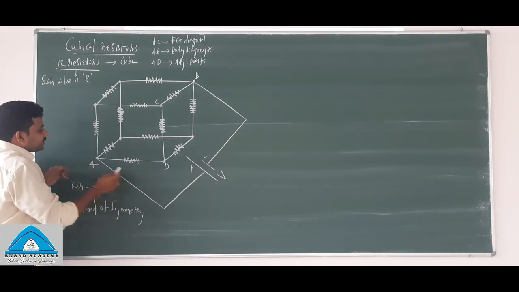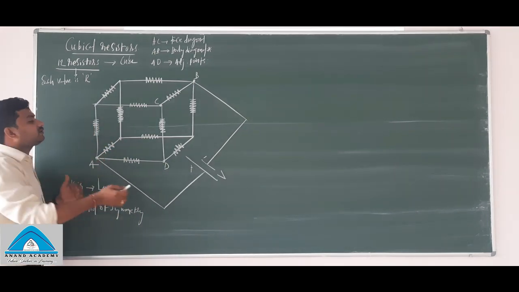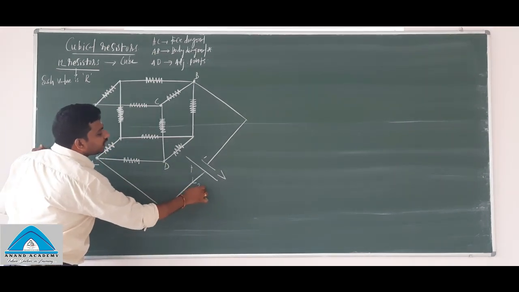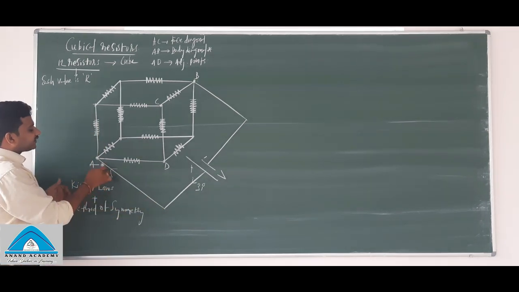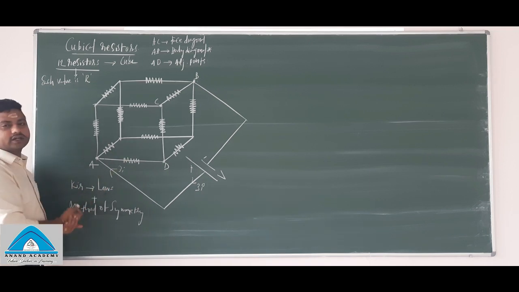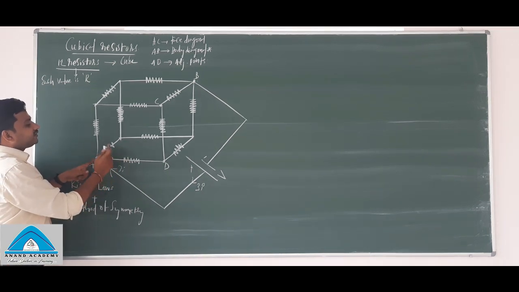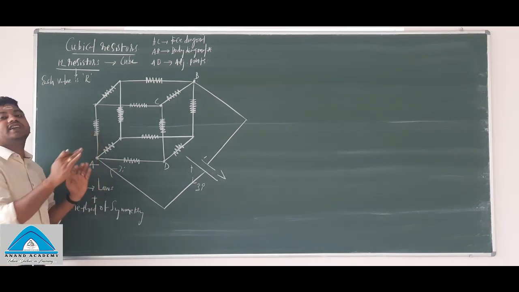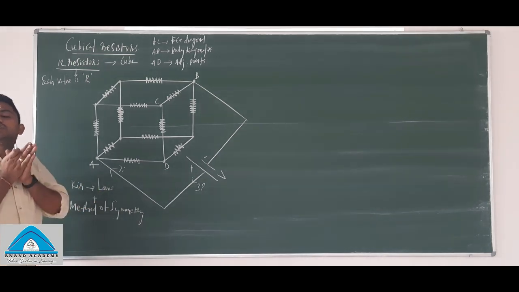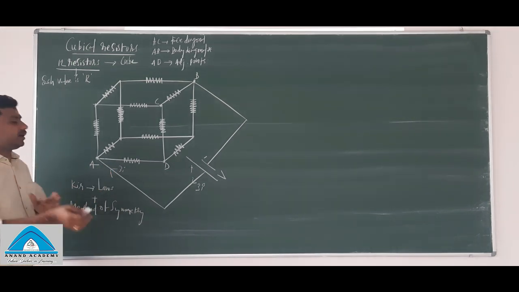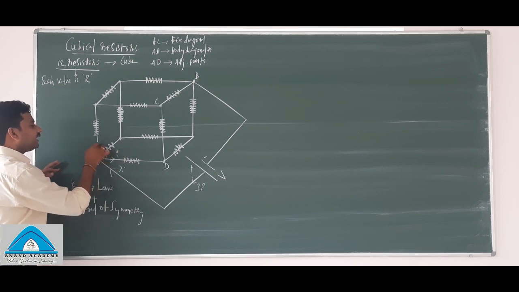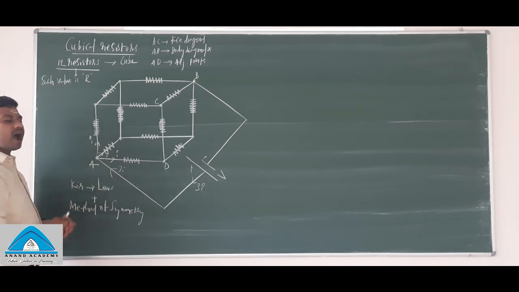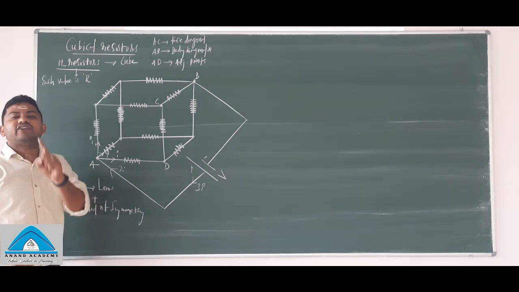Now imagine, for your better understanding, there is a current 3I that has started here, and this 3I is reaching here. As these resistances are the same, the current will split into 3 similar ways. So this current is I, this current is I, and this current is also I. That is Kirchhoff's first rule.